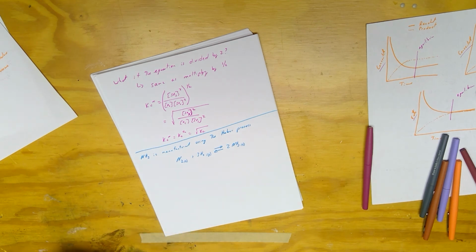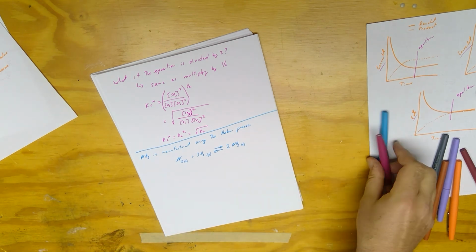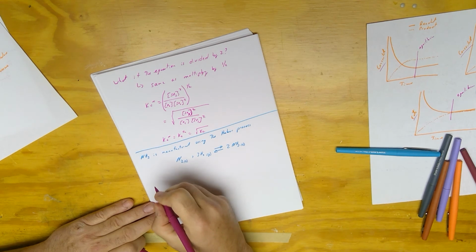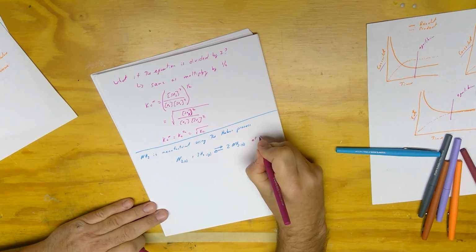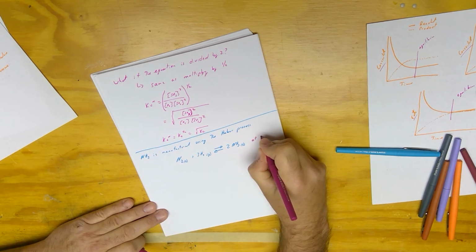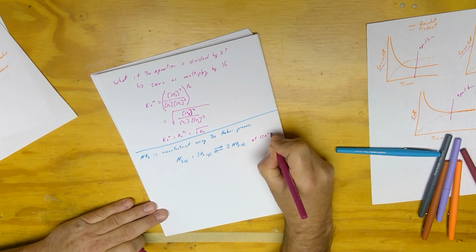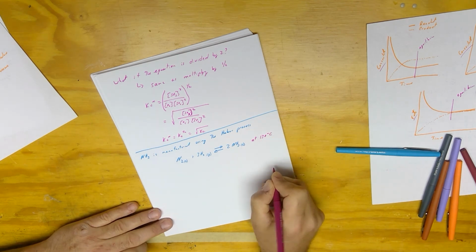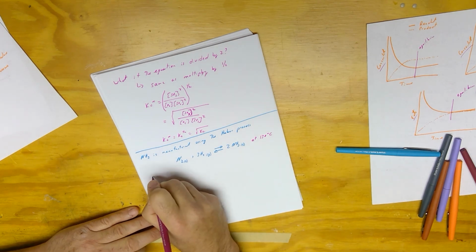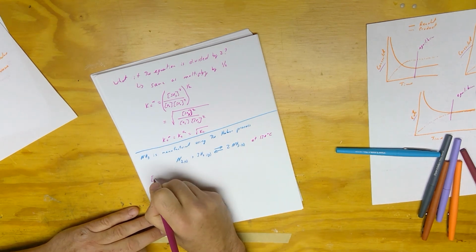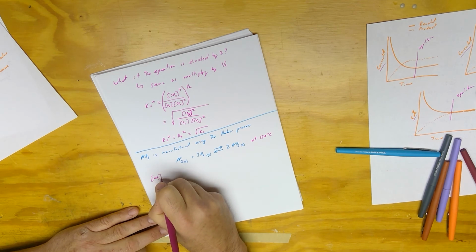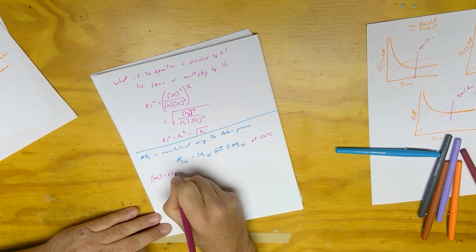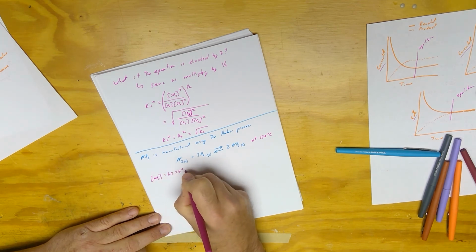So now, let's say we're at 130 degrees C. Okay, at 130 degrees C, we have some equilibrium concentrations. So the concentration of NH3 is equal to 6.2 times 10 to the minus 2 molar.